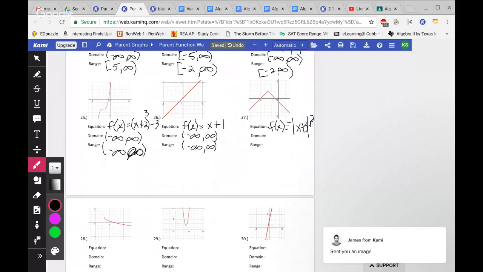I don't know if you can read that writing or not. So what's the domain? Negative infinity to infinity. Yes. And how about the range? To negative infinity. Yeah. But technically, oops, I messed this up. Technically, you write it like this. Oh, okay.